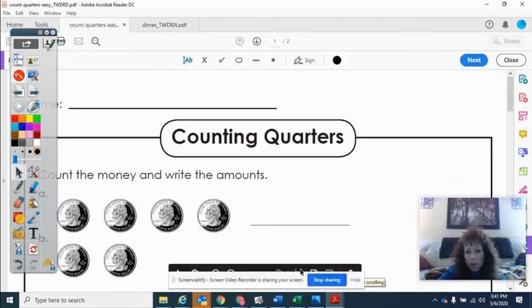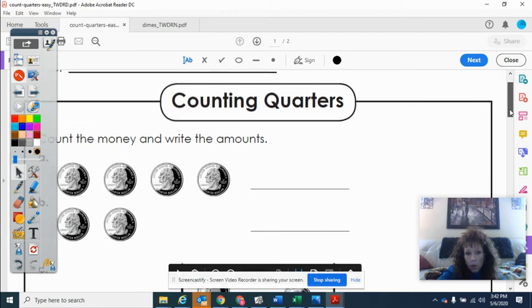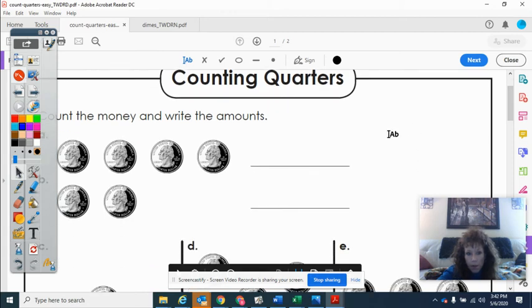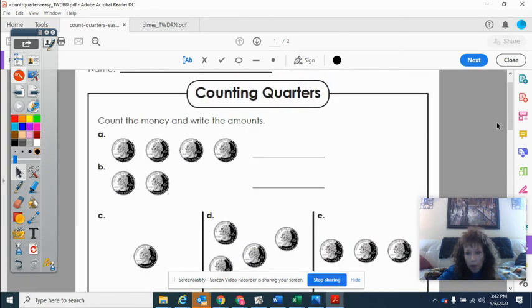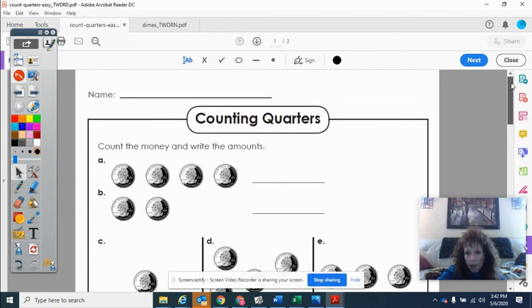Quarters. Okay, so with quarters, we know that we count by 25s. Each quarter is worth 25 cents. And there are 4 quarters that make $1. It says count the money and write the amounts.